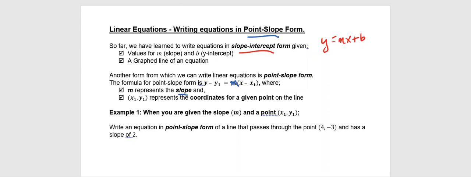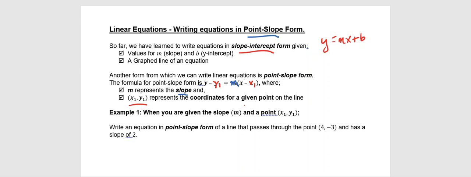What's a little bit new to us is this notation of x1 and y1. Those are going to become placeholders, as we'll see here, for values of coordinates for x and y for a given point.